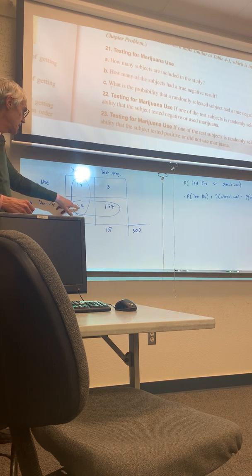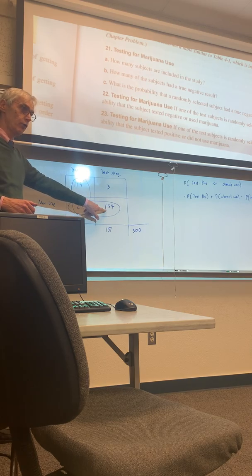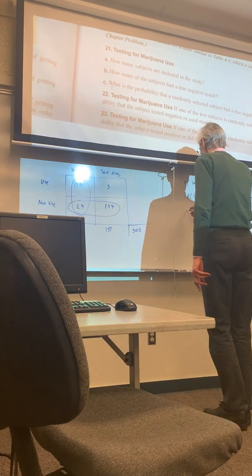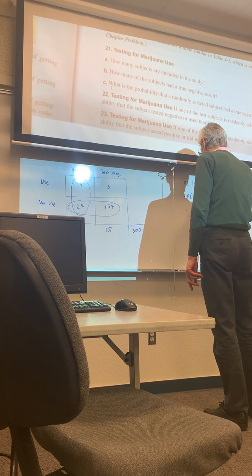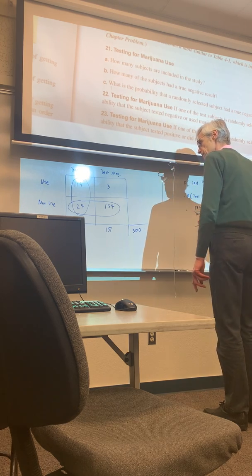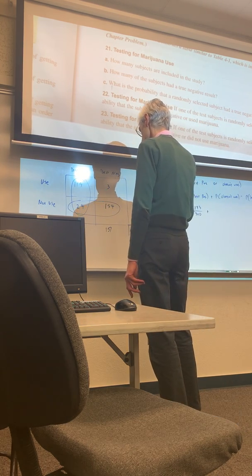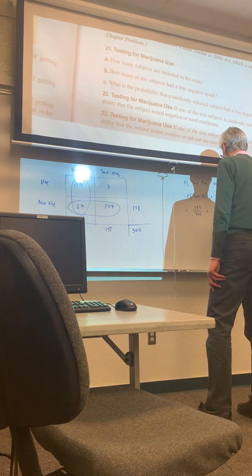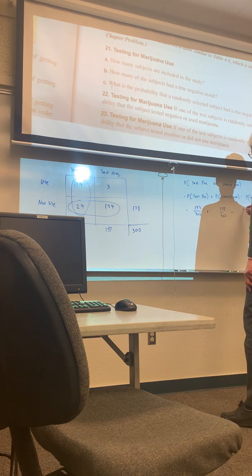So 119 plus 24 plus 154. See, if you do it this way, the number that tested positive is 143 divided by 300 plus, what's this, 178. 178 over 300 minus 24 over 300.